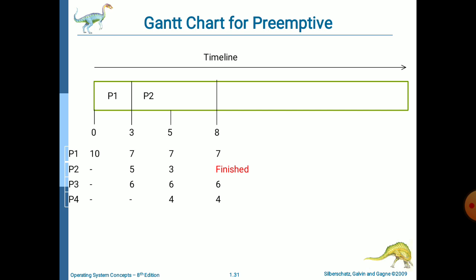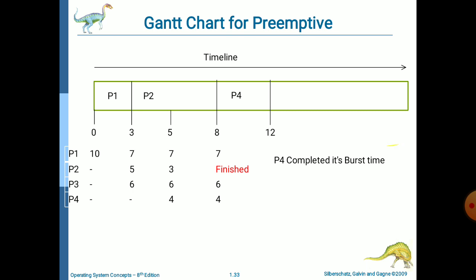Next, out of these three processes, P4 has the least burst time, so P4 is scheduled for execution. It has a burst time of 4, starts its execution at 8, and finishes at 12.